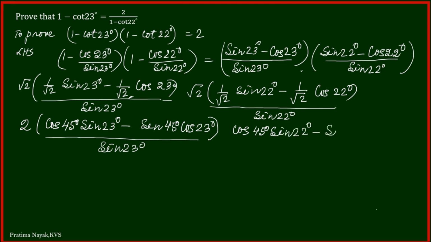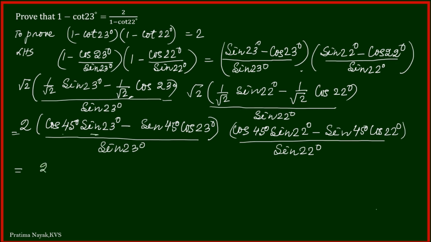I hope you could understand why I am doing this step, so that I'll convert this expression in terms of 45 degree or pi by 4. So this is nothing but sin A cos B minus cos A sin B. You know the formula, that will be sin(A minus B). That means 23 degree minus 45 degree. A is 23 here and B is 45.